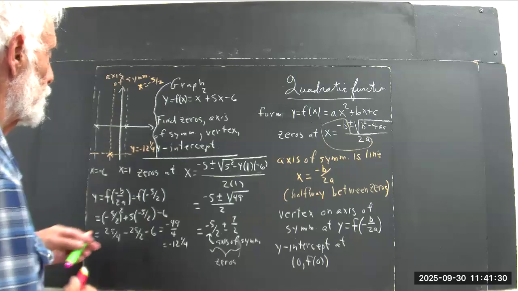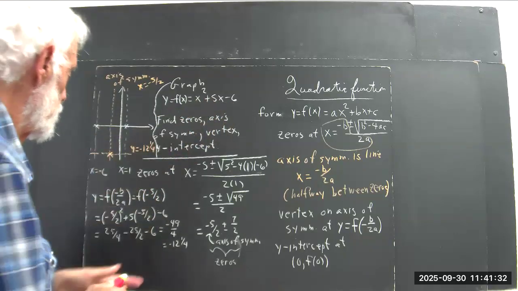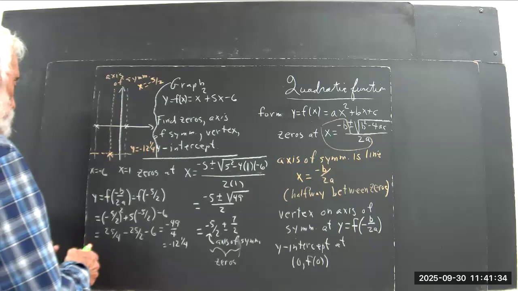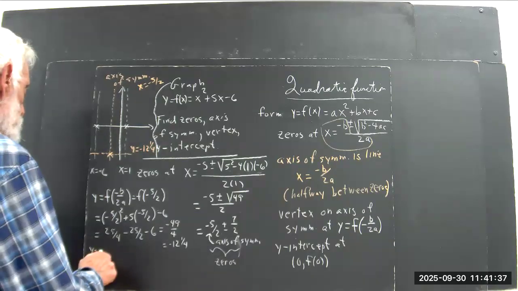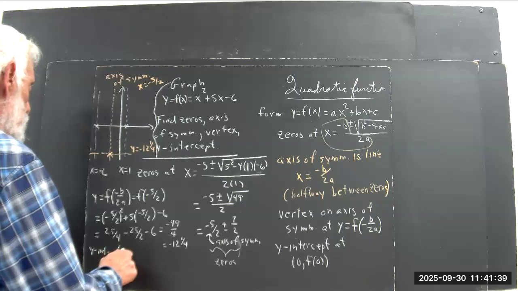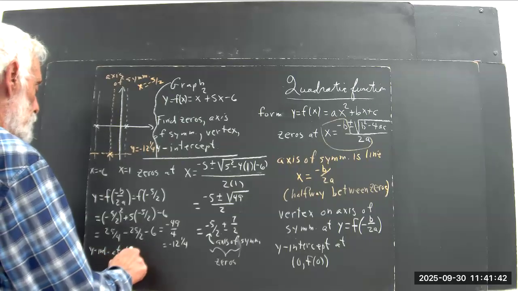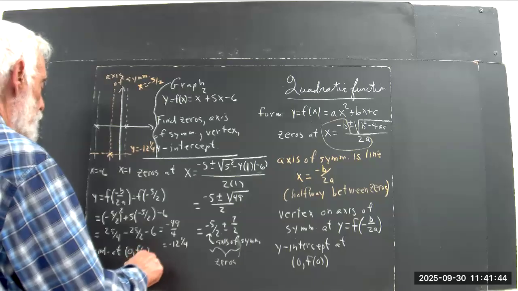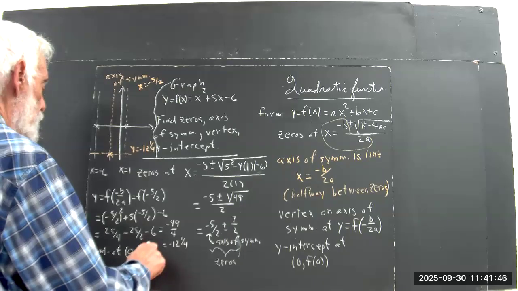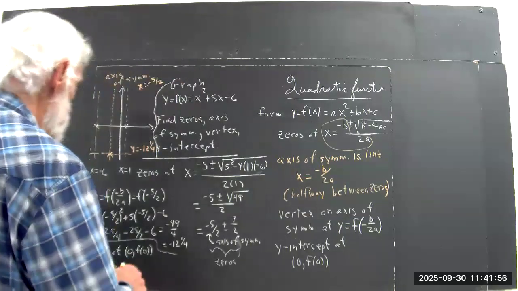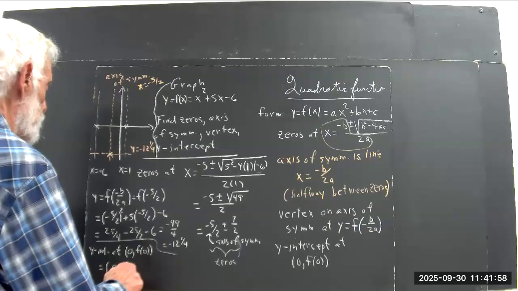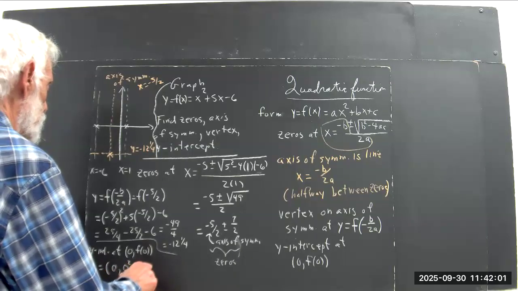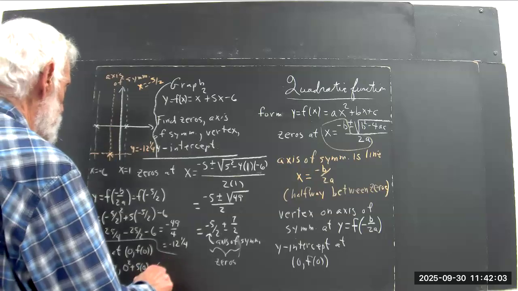The other thing we know is the y-intercept. F of 0 means we plug 0 in for x, and we get 0 squared plus 5 times 0 minus 6.